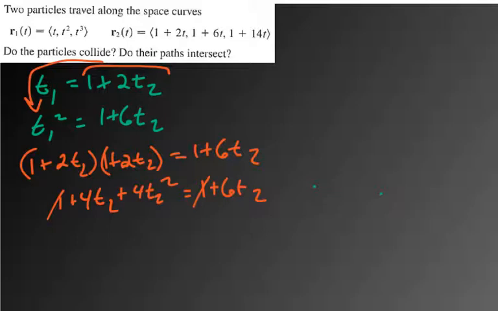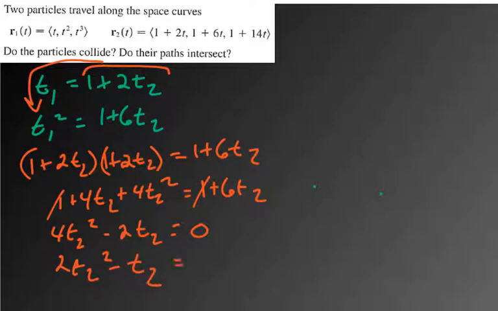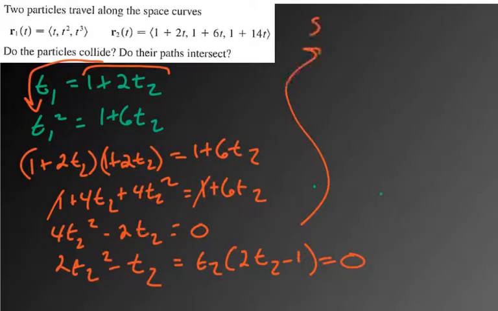I'm going to move the 6 to the left and rearrange a little bit. And then I could divide by 2. And then I'm going to factor out t2 and set this equals 0. So we basically have that t2 can be either 0 or a half.